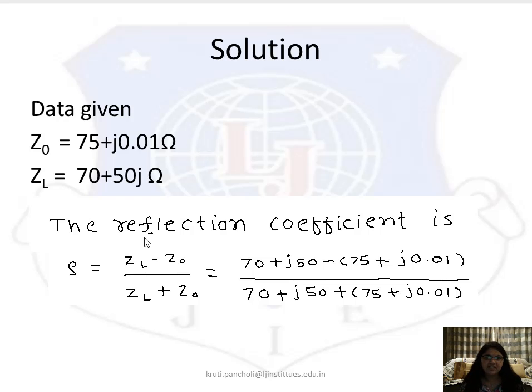What is the reflection coefficient? It is in terms of ZL and Z0: ZL minus Z0 upon ZL plus Z0. The value of ZL is 70 plus 50J minus 75 plus J 0.01, upon 70 plus J50 plus 75 plus J 0.01.